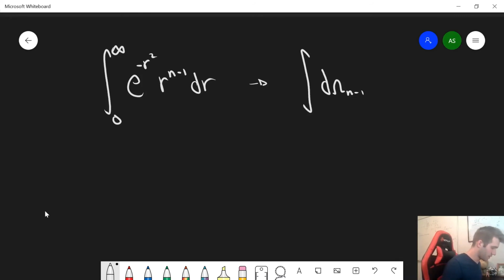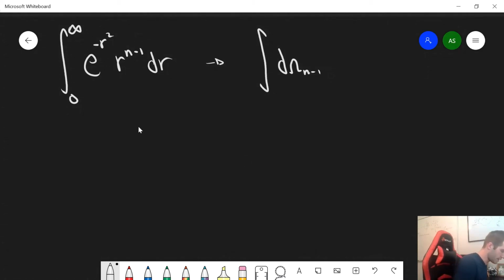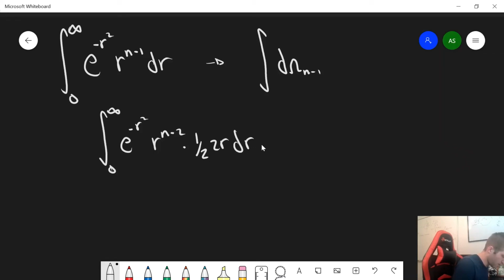So what we're going to do is put our integral from 0 to infinity of e raised to the negative r squared of r to the n minus 2 times 1/2 times 2r dr here. Obviously this 1/2 might seem a little bit unnecessary, but it becomes very useful in a moment. But obviously if you were to multiply those two r's together, you would get n minus 1.